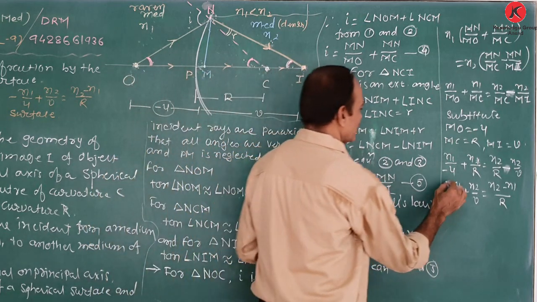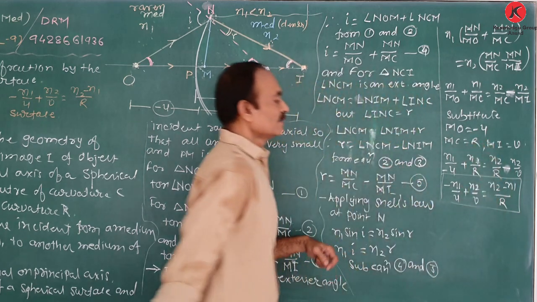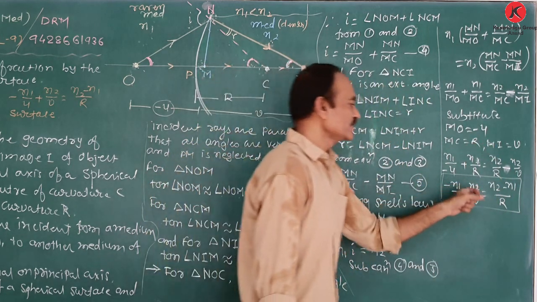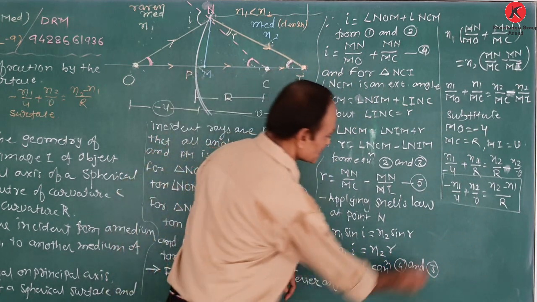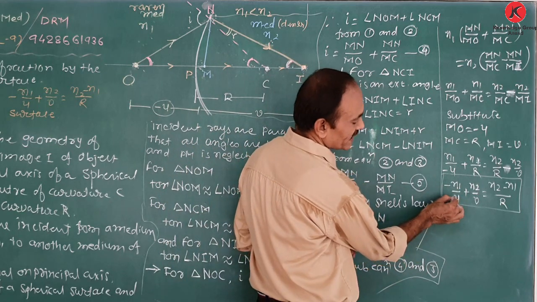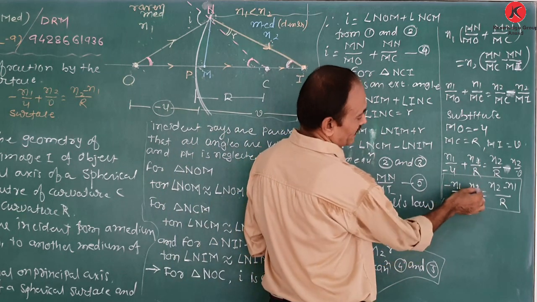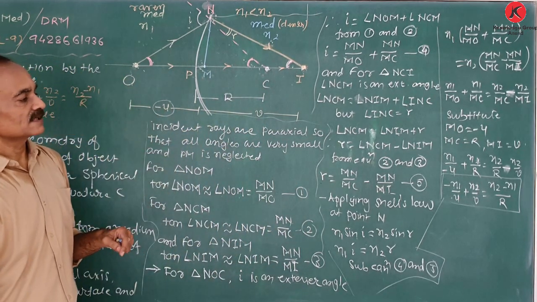So this is the required equation: minus n1 upon u plus n2 upon v is equal to n2 minus n1 upon R. It shows the relation between object distance, image distance, refractive indices, and radius of curvature of the spherical surface.